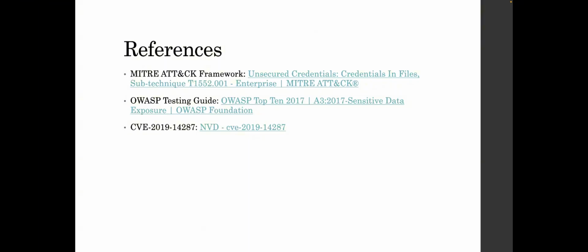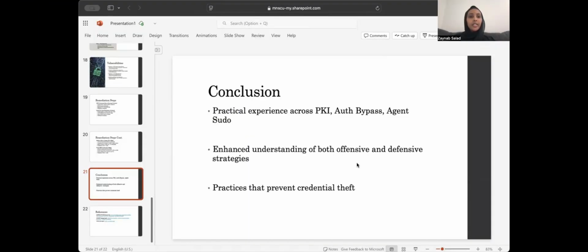That's it. Thank you. In conclusion, Group 4 gained a lot of practical hands-on experience in different cybersecurity areas by working through the public key infrastructure, authentication bypass, and Agent Sudo rooms.